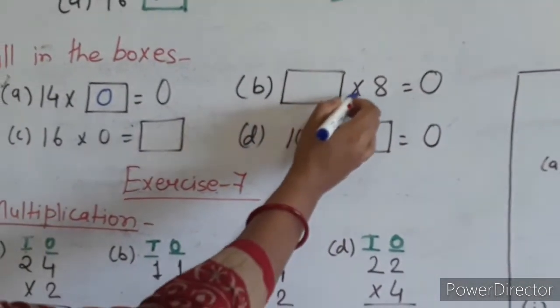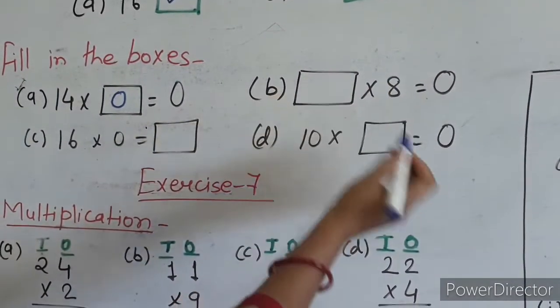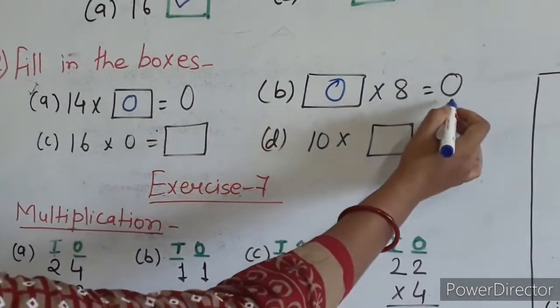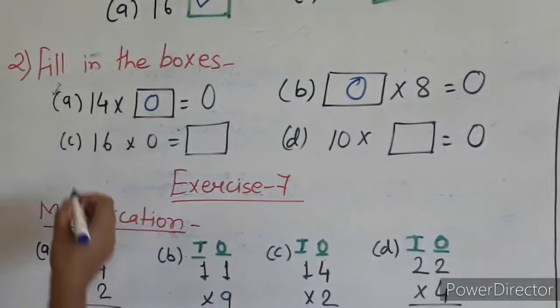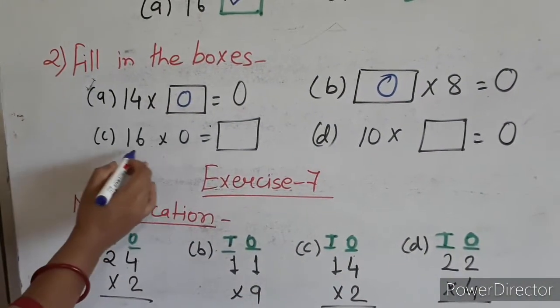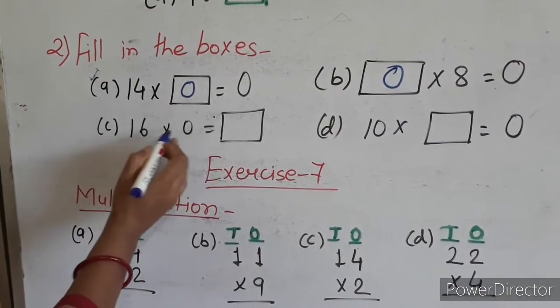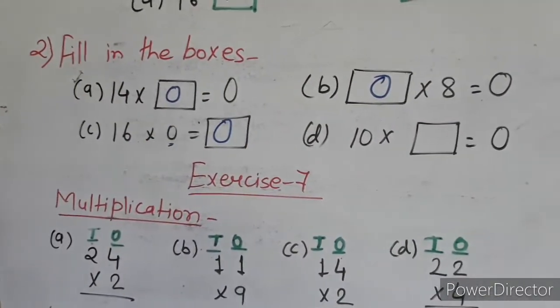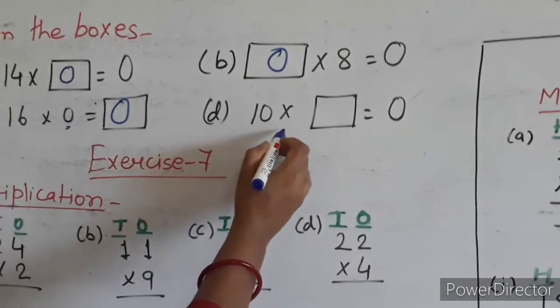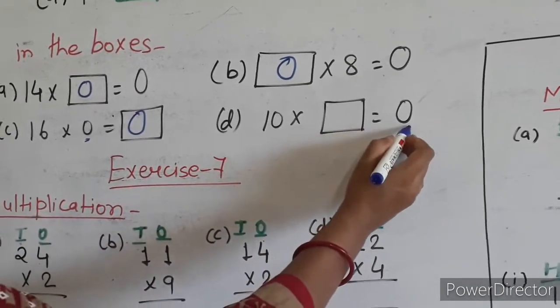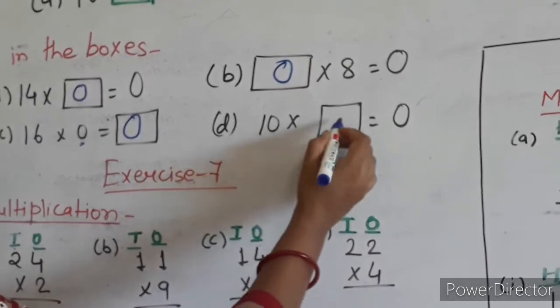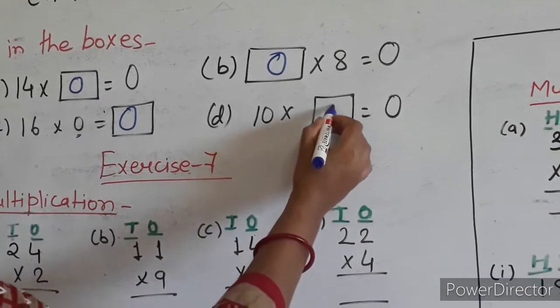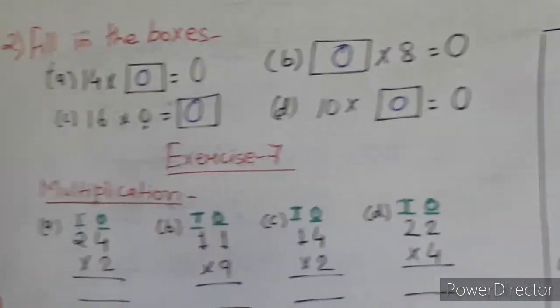So we have to multiply 8 with which number? That is 0. Then we get the answer 0. Then in C, 60 into 0. Yes, if you multiply any number with 0, the answer will be 0. Then D, 8 into dash equal to 0. So if you multiply 10 with 0, we get the answer 0.